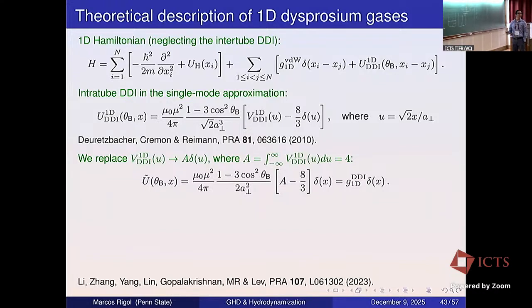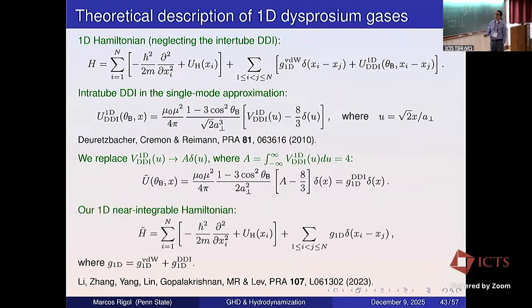So essentially all we do is integrate all this and put it in the contact. The way we're going to model the system is that the dipolar interactions modify the one-dimensional contact interaction, and I'm going to be showing you results for calculations on this model, in which this G1D depends on the one that comes from the 3D scattering length, and this dipolar part. That's the model that I'm going to be looking at.